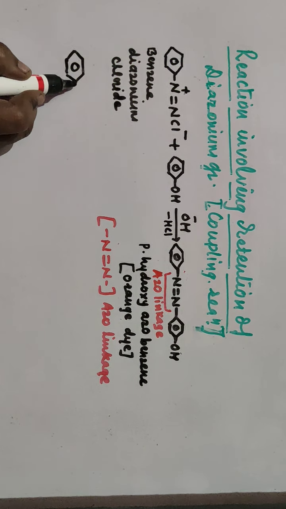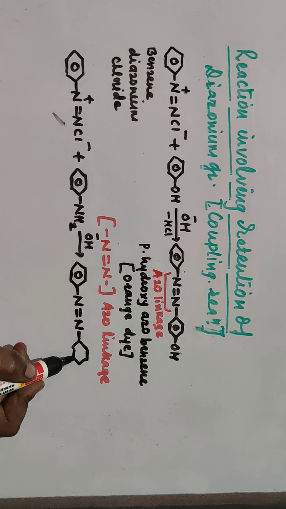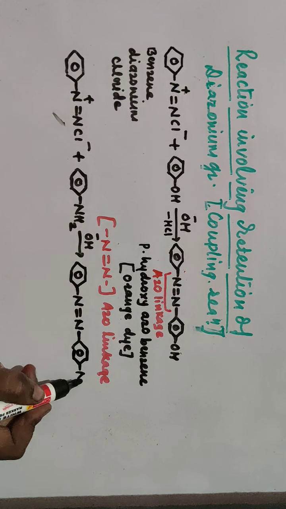Then again this hydrogen atom of aniline from para position is replaced by diazonium ion, and you will get C6H5 N double bond N C6H5 NH2.